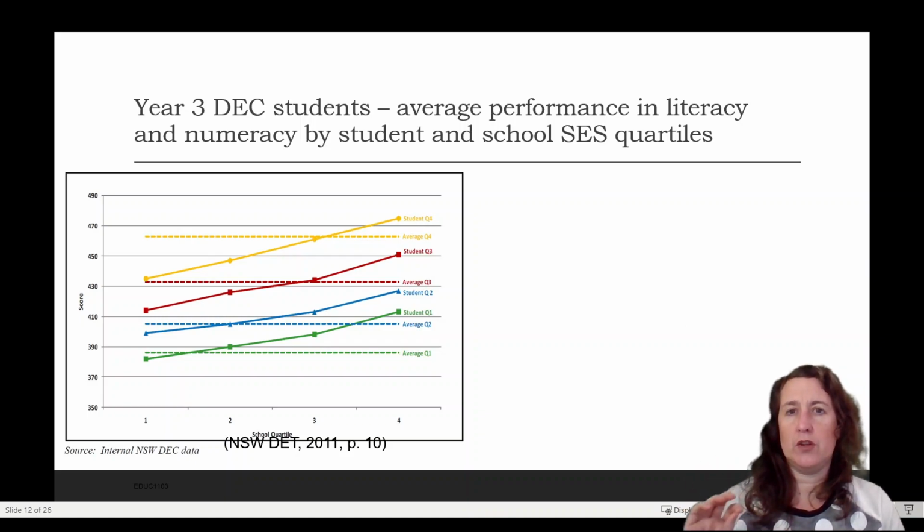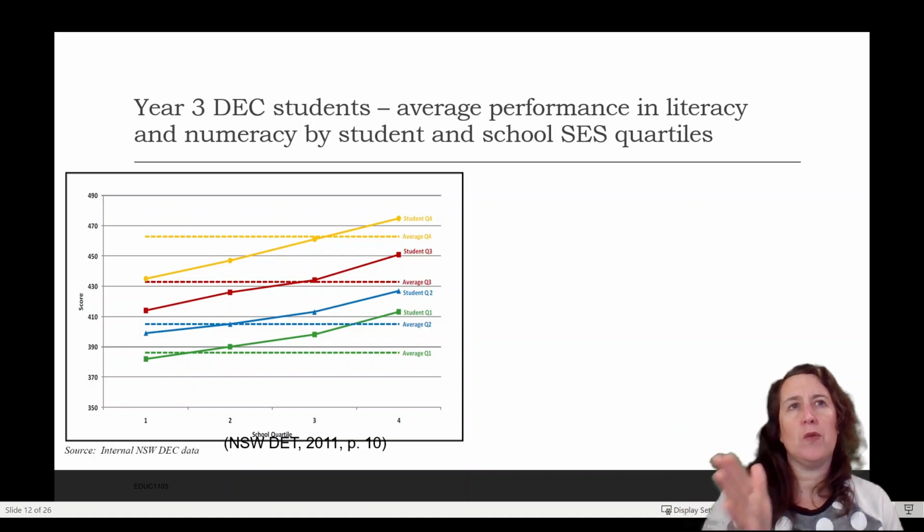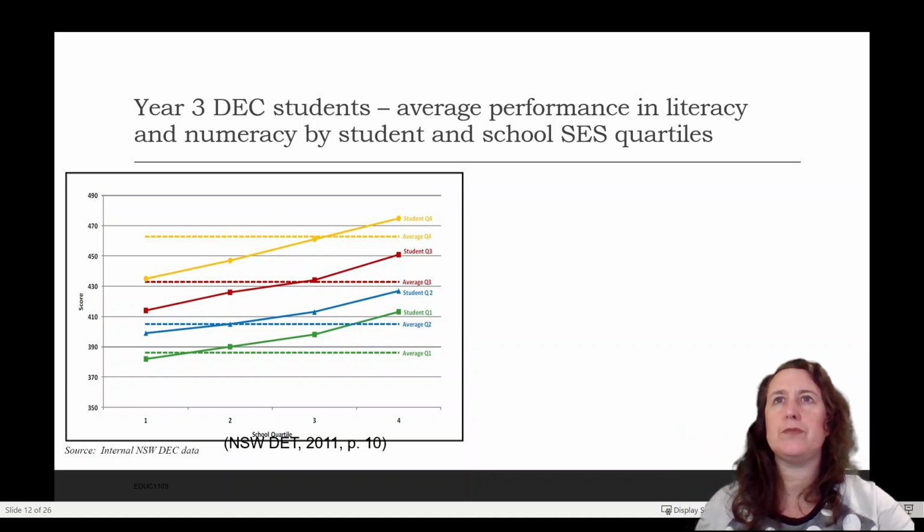The dashed green lines represent the student average for that quartile, whereas the unbroken lines represent students' results from the various quartiles depending on the quartile of the school. So let's see if I can explain.